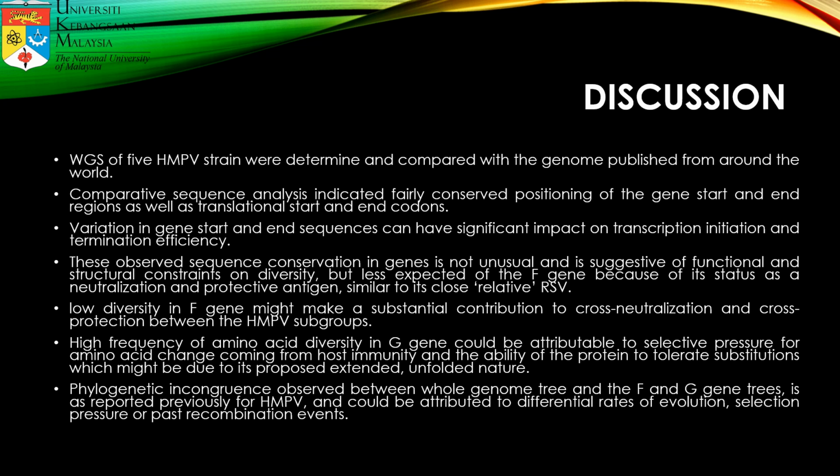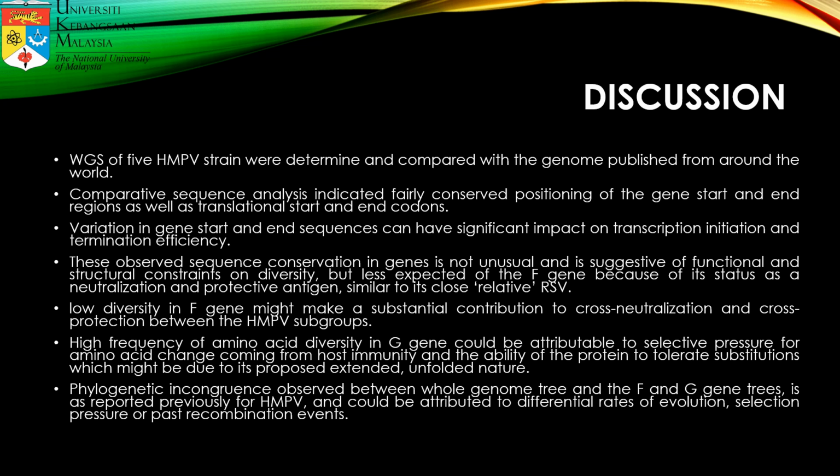For this discussion, whole genome sequences of 5 HMPV strains were determined and compared with genomes published from around the world. Comparative sequence analysis indicated a fairly conserved positioning of the virus start and end regions as well as translation start and stop codons.